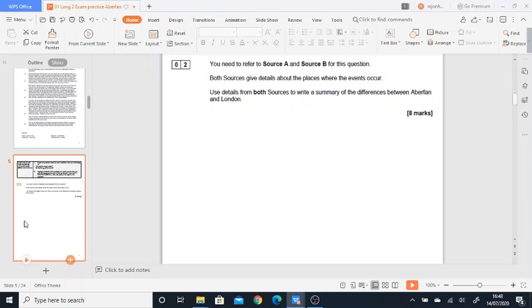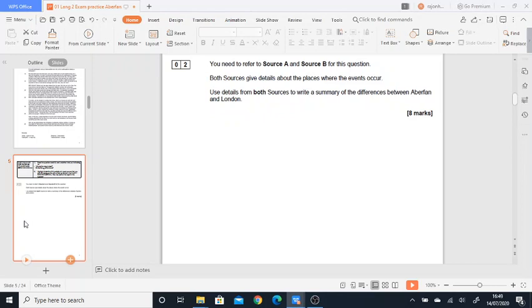Okay, so the summary is what are the main ideas. Can we use as few words as possible to write about what the writer's main ideas are, and we're really focusing on differences. So what are the differences, not similarities? Okay, we need to find clear differences.